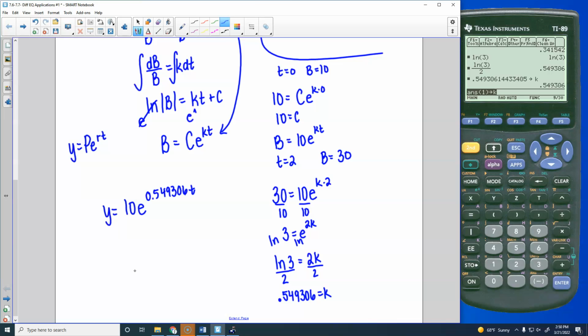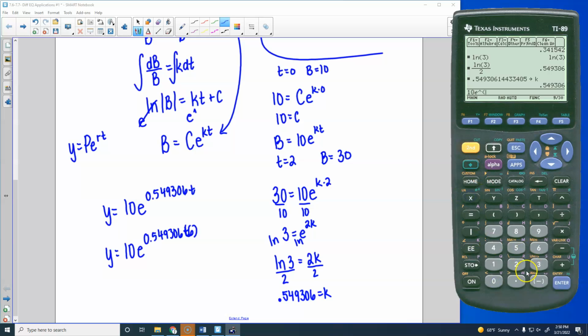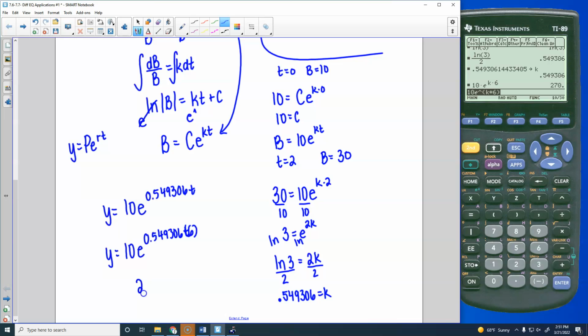So if I want to know this whenever t equals 6, which is what the question asks us for, we'll do 10e to the, this is where I'm going to tell it alpha k, so I don't have to do anything there, times 6. You could use the answer button too. And so I will get 270. Exactly what it looks like.